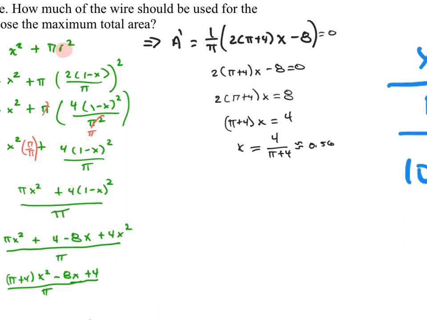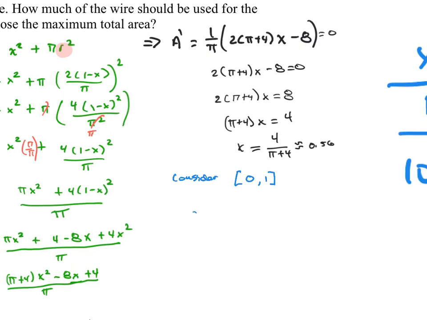So what we need to consider is the closed interval 0 to 1 for x. Now to find absolute extrema, the theorem says the absolute extrema must occur... sorry, let me plug in the x values.